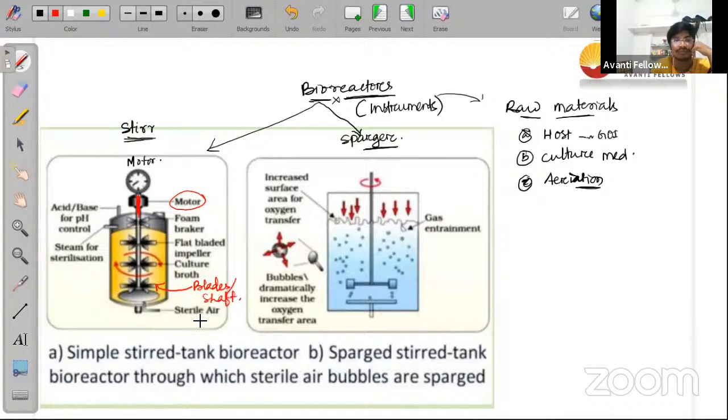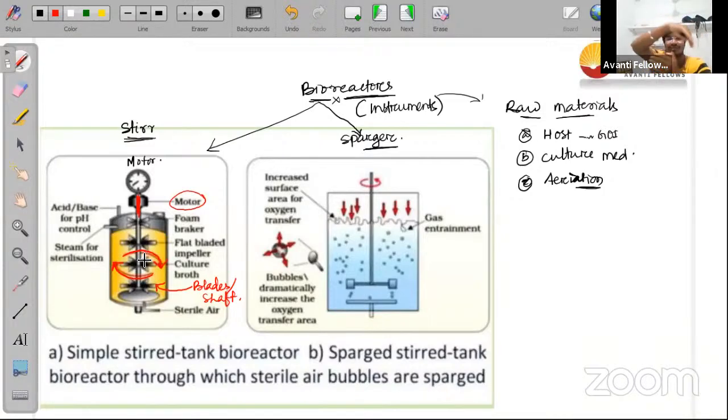Whenever I am turning on the motor, this motor will rotate the rod, and along with the rod, this particular blade or shaft will rotate in a circular motion.